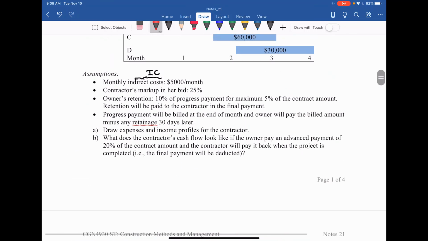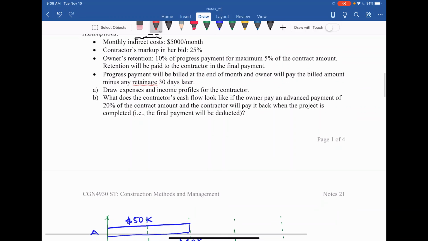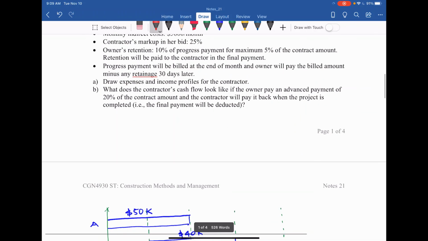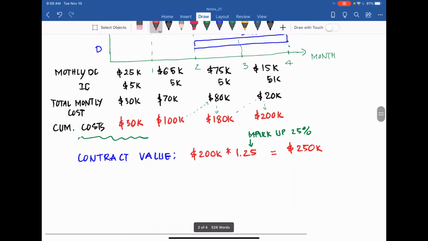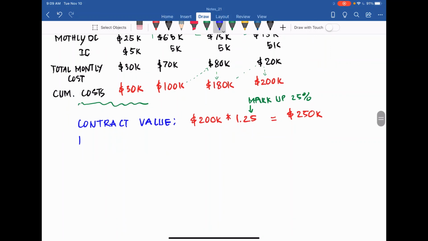The problem also reminds us that the retention is 10% of progress payment with a maximum of 5% of the contract amount. So regardless of the retention, it will not exceed 5% of the contract amount.